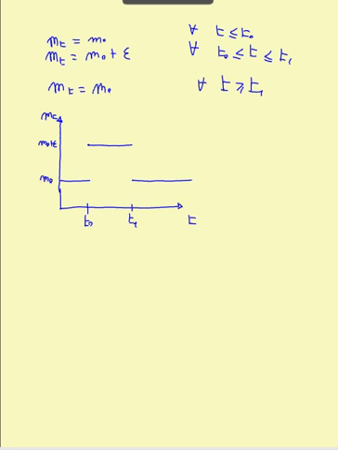So in this case, the exchange rate, I write again the general form, should be equal to 1 over alpha 2 integral between T and T1.